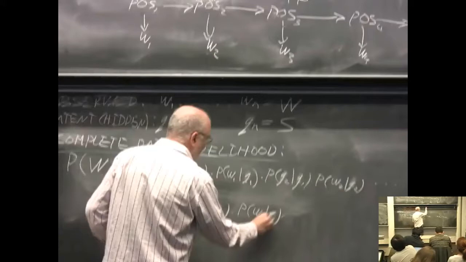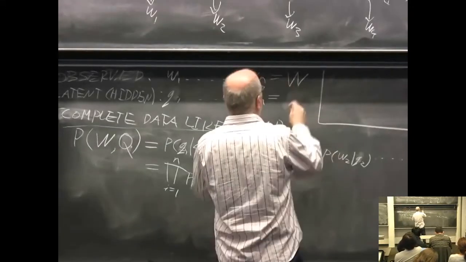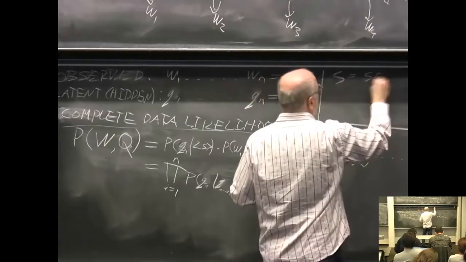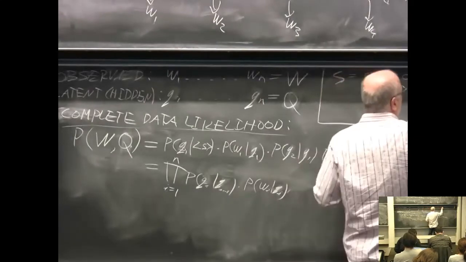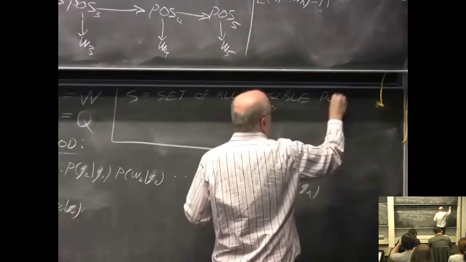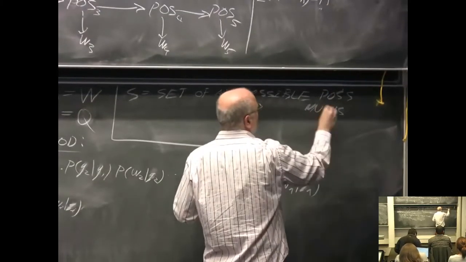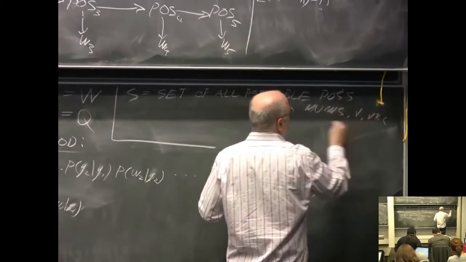So let's make a clear distinction here. S is the set of all possible parts of speech. So noun, plural noun, verb, verb of this type, adjective, all of that.